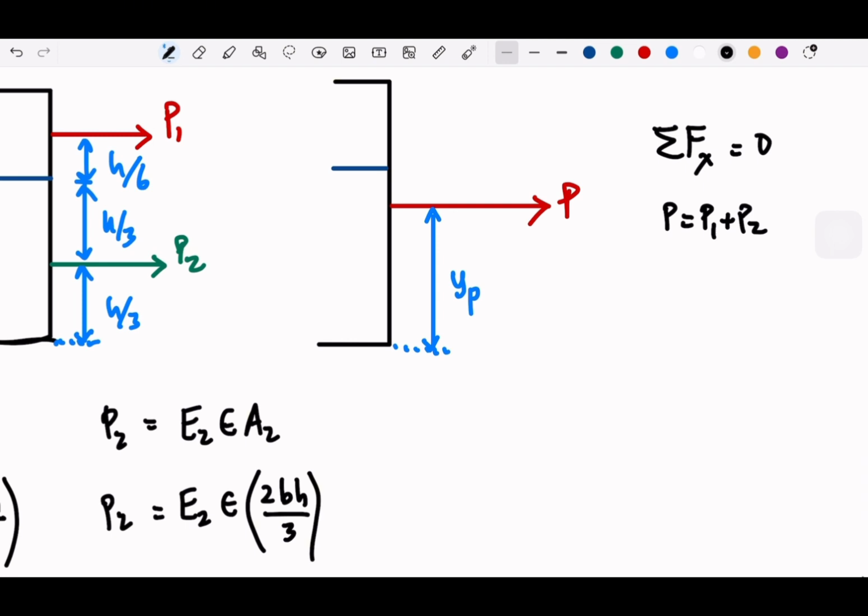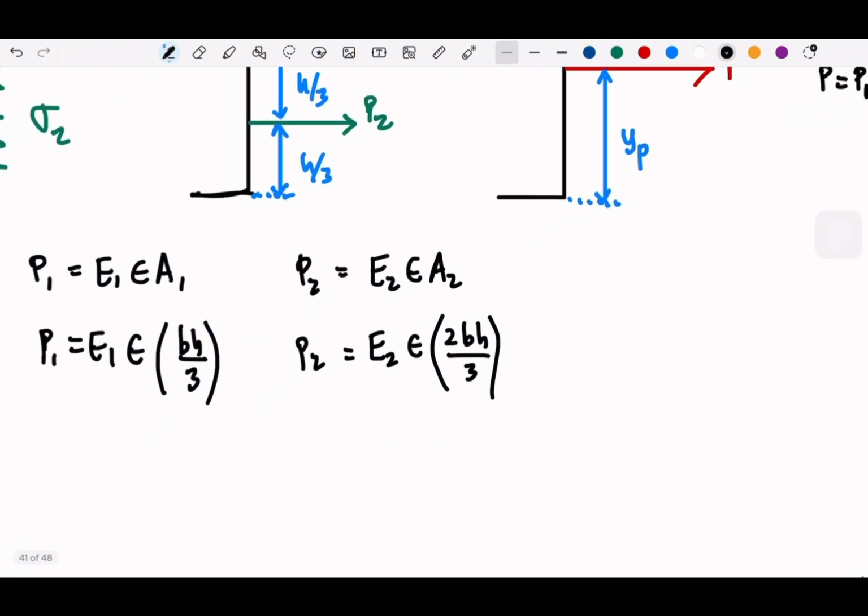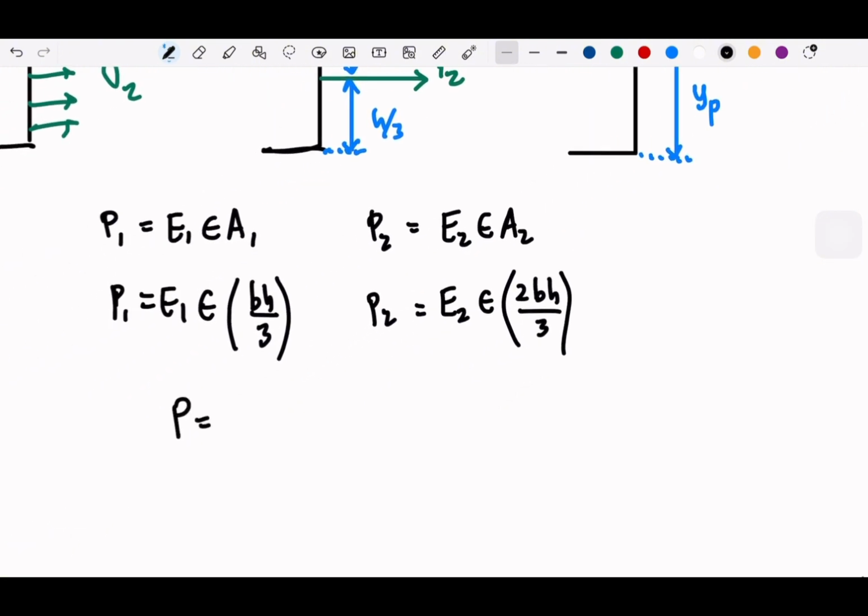And then the resultant, based on this, the total P for P1 plus P2, we can factorize the BH over 3. And then as simply as that, it works out as E1 plus 2 E2.